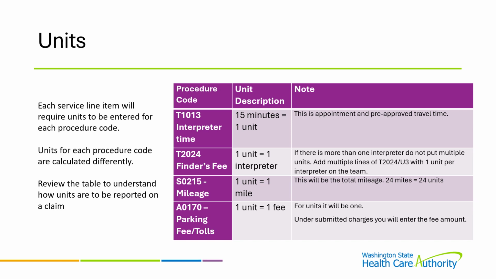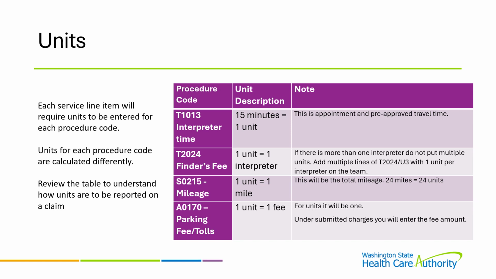For example, if you have 2 interpreters, add a second service line with the finder's fee T2024 and enter 1 unit for that second fee. If you enter 2 units on 1 T2024 service line, the system will only pay for 1.